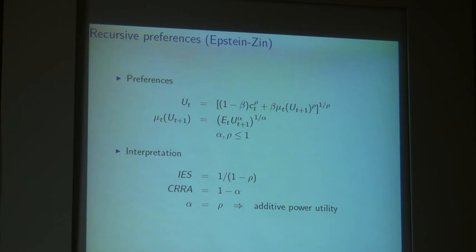So within this recursive framework, we can have lots of non-expected utility-like behavior, build in lots of behavioral features, but still respect the stationarity and homogeneity that are so useful in looking at aggregate outcomes.